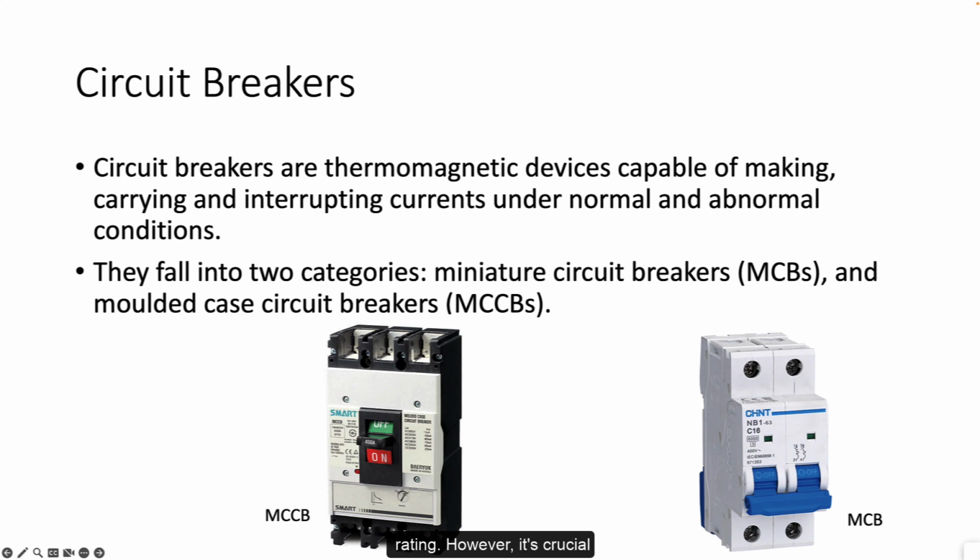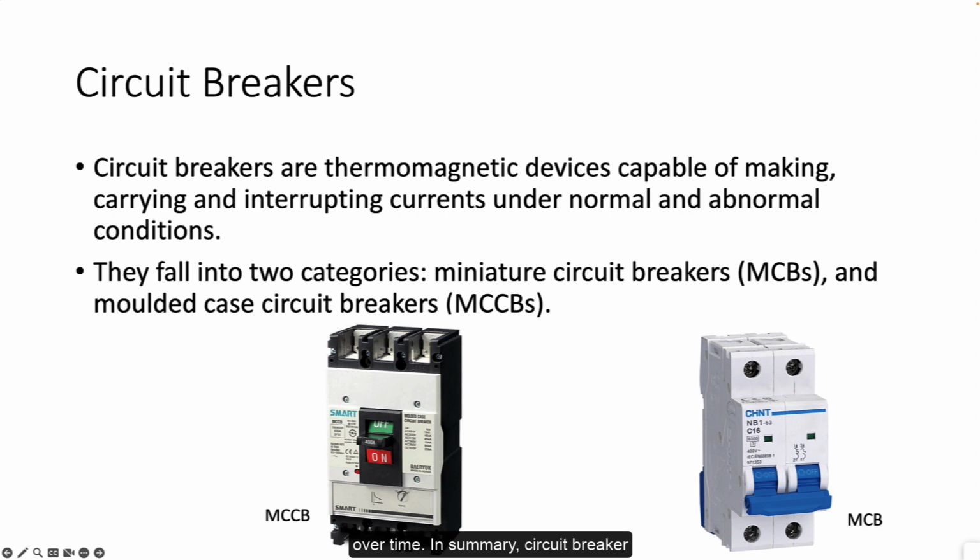However, it is crucial to ensure that these overloads are within the limits specified by the cable manufacturer and industry standards to prevent any damage or degradation over time.